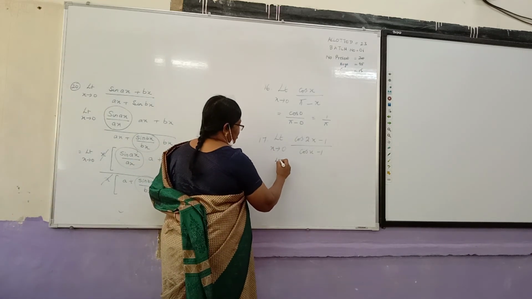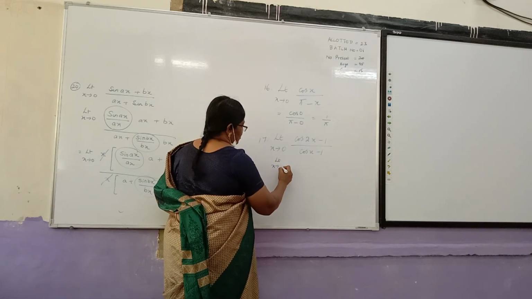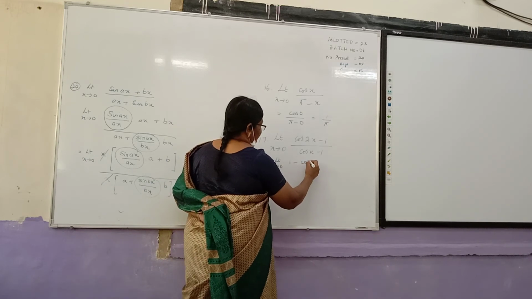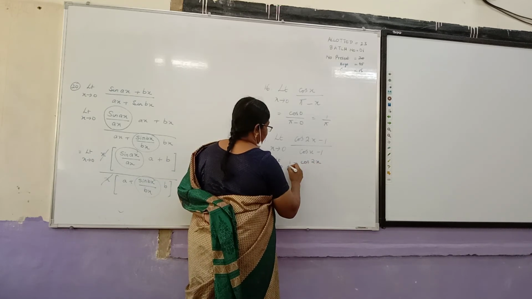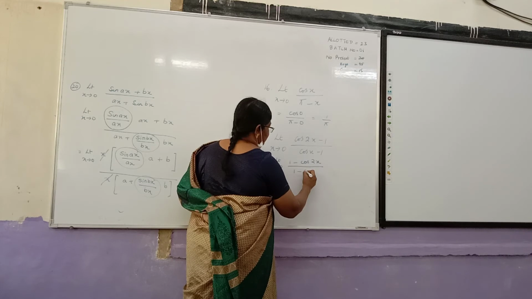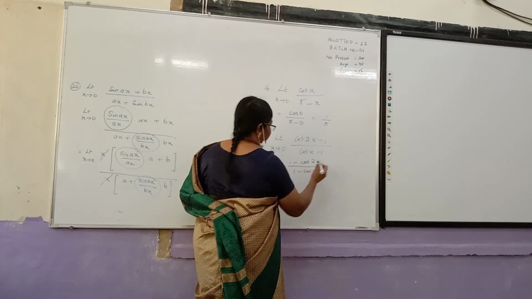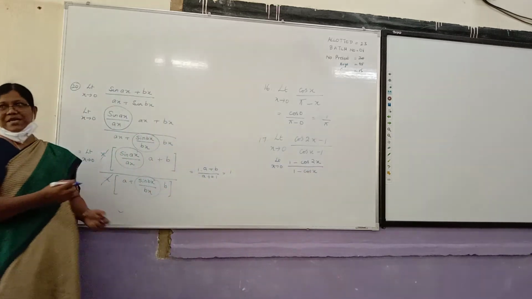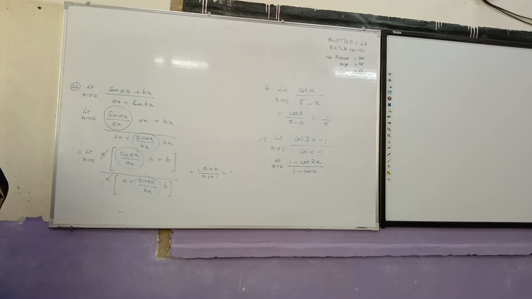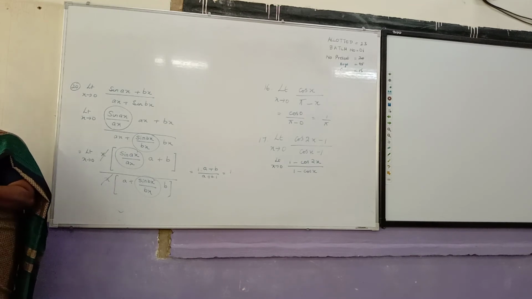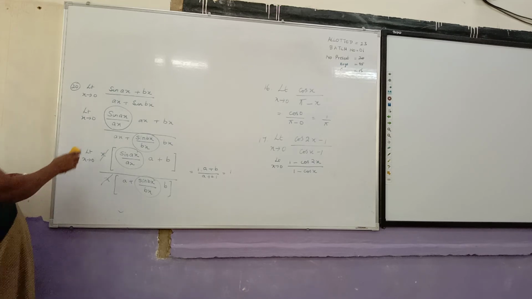This one I'll just change the thing. I'll tell you why we are changing. Okay, so 1 minus cos x. Why am I changing? Anyone? Can you tell me? Anyone?